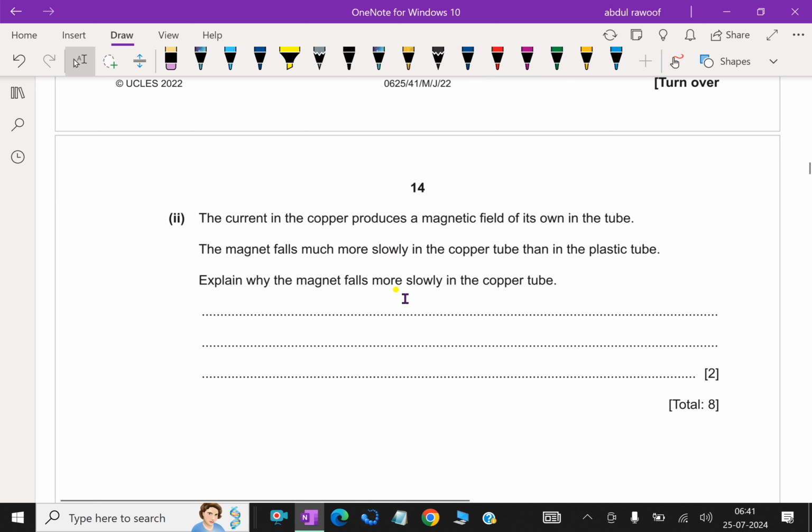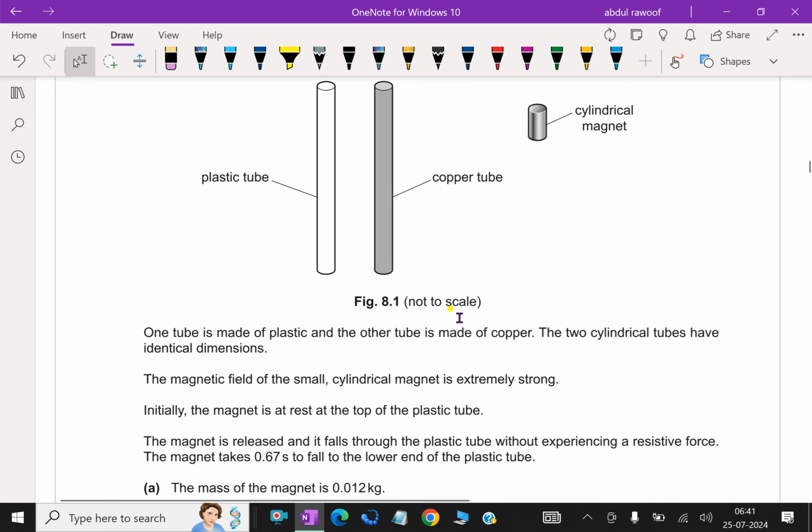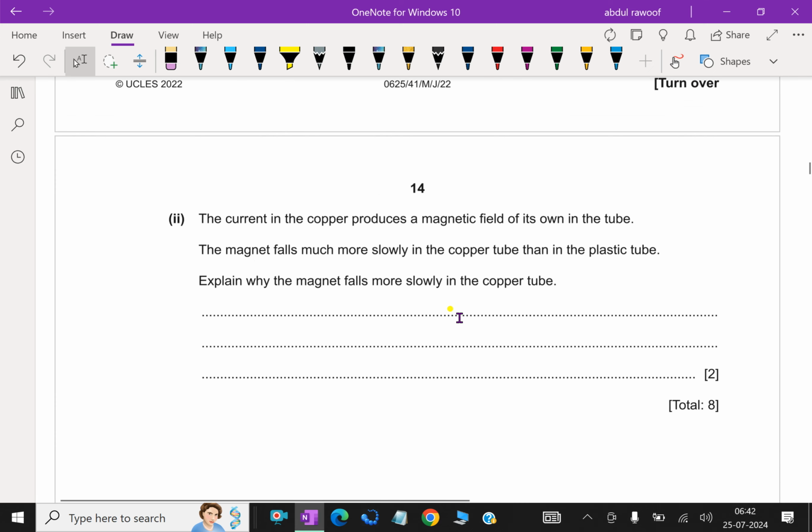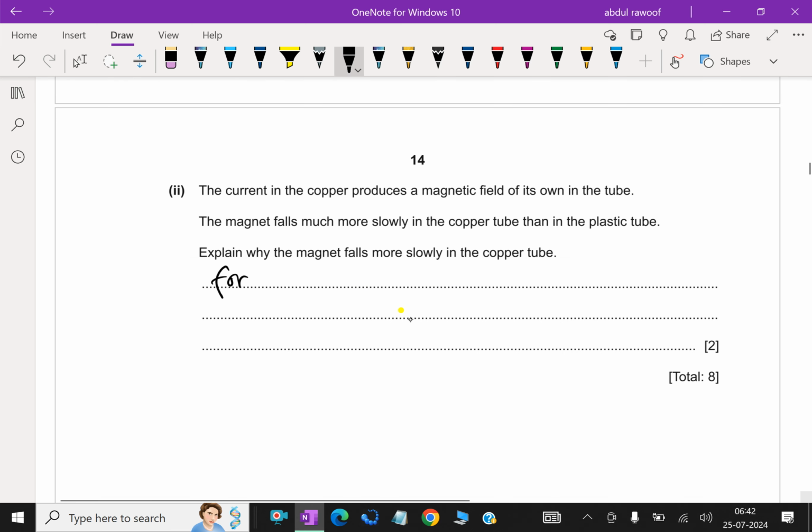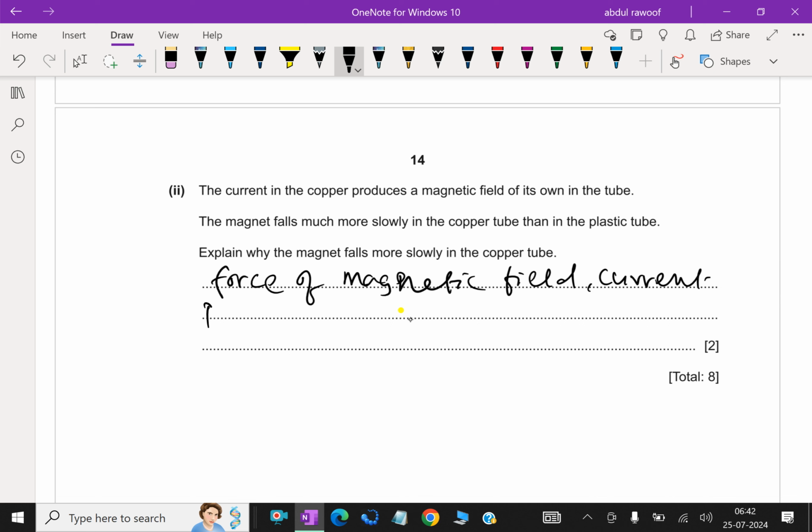Explain why the magnet falls more slowly in the copper tube. Because of the force of the magnetic field, current is produced.